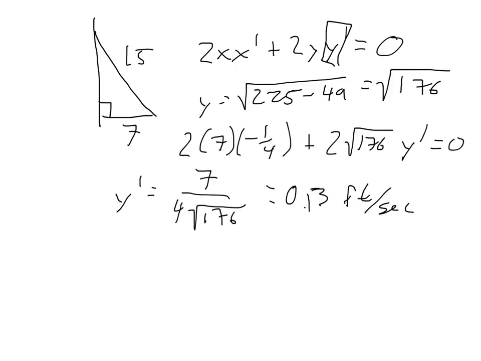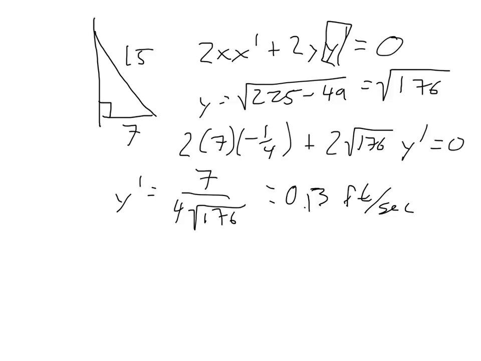So you can see it's going to be moving slower when we get closer to the wall. The upper part of the ladder is going to start moving at a slower rate than it was when it was 10 feet.